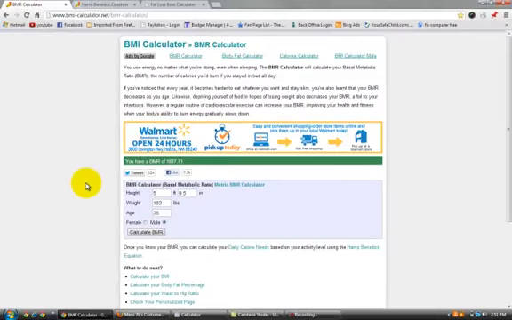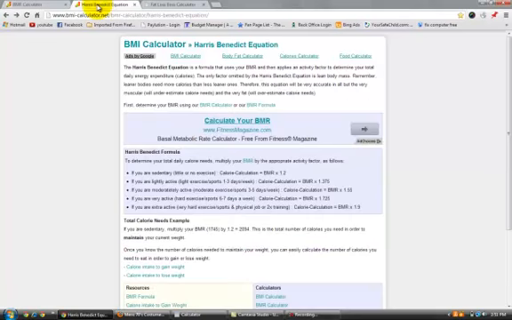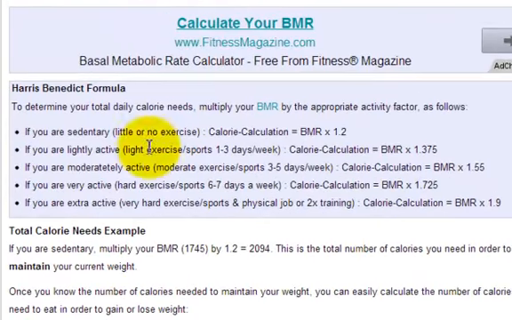You're going to want to leave that tab open and keep that number in mind, and go over to the next tab, which should be the Harris-Benedict equation. The Harris-Benedict equation is a formula that uses the BMR and then applies an activity factor to determine your total daily energy expenditure. The only factor omitted by the Harris-Benedict equation is lean body mass.